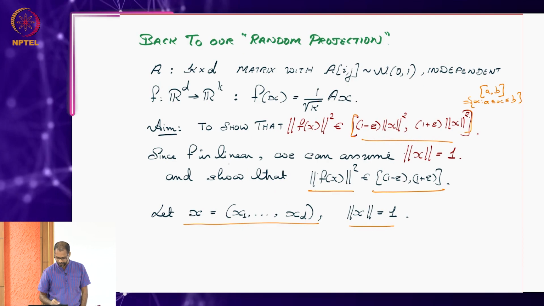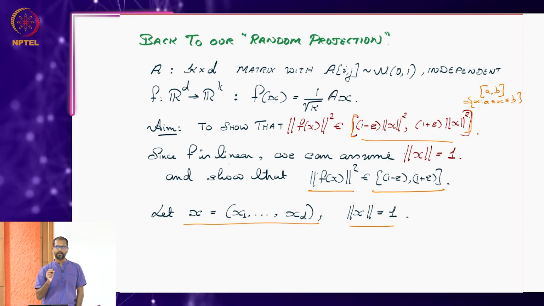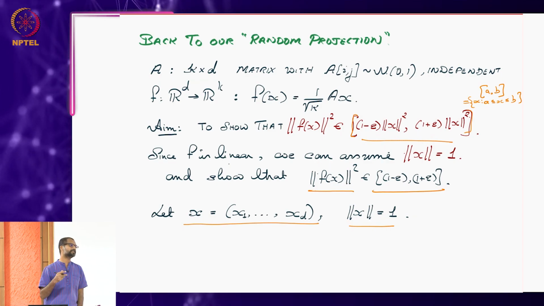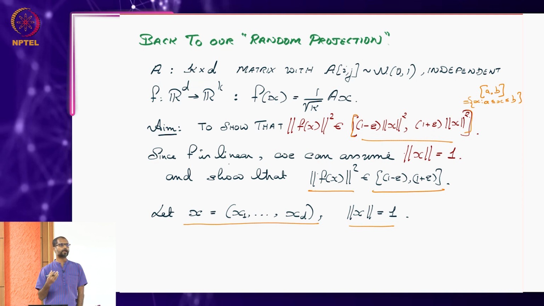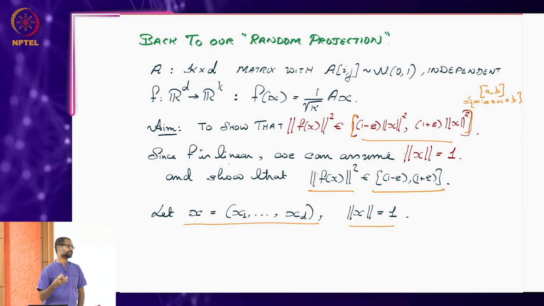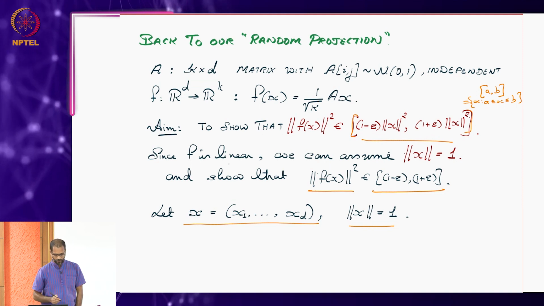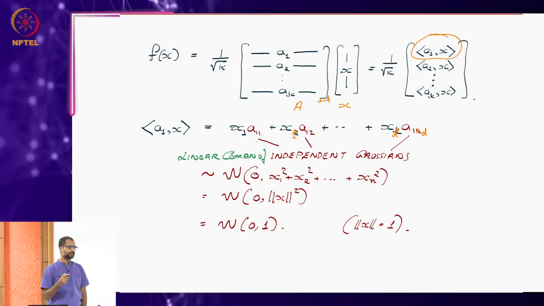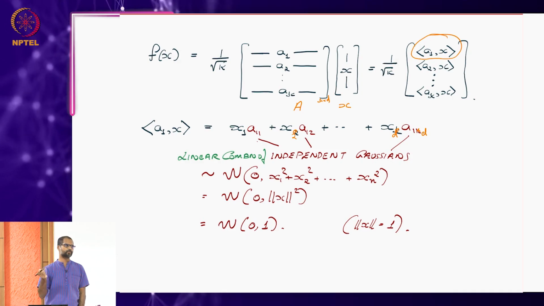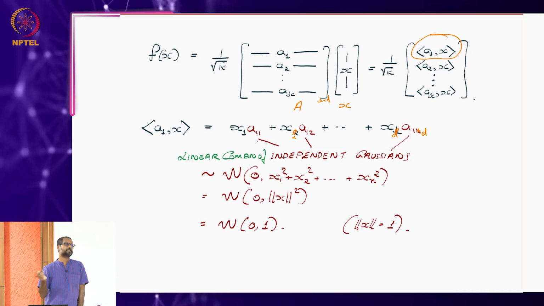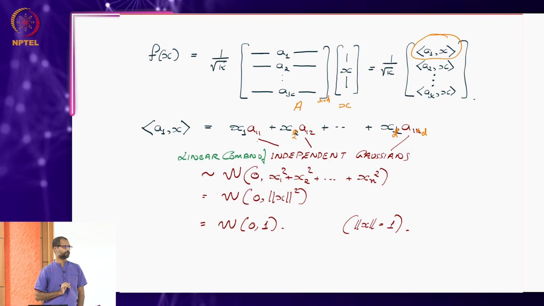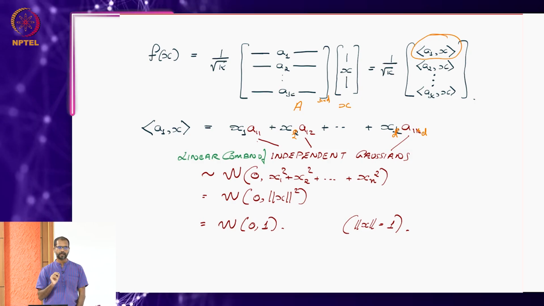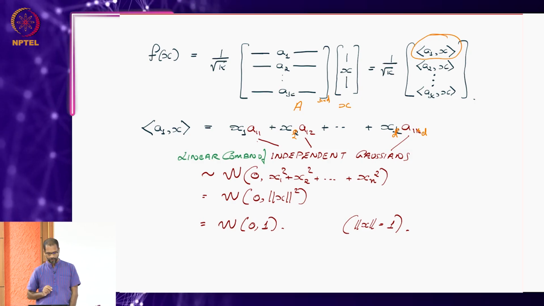In the previous slide, x was just an arbitrary vector. We are studying what happens when an arbitrary vector is projected using this function f. So, x1, x2, xd are just real numbers. They have one good property, that if you square them up and add, you will get 1. Other than that, these are just scalars.